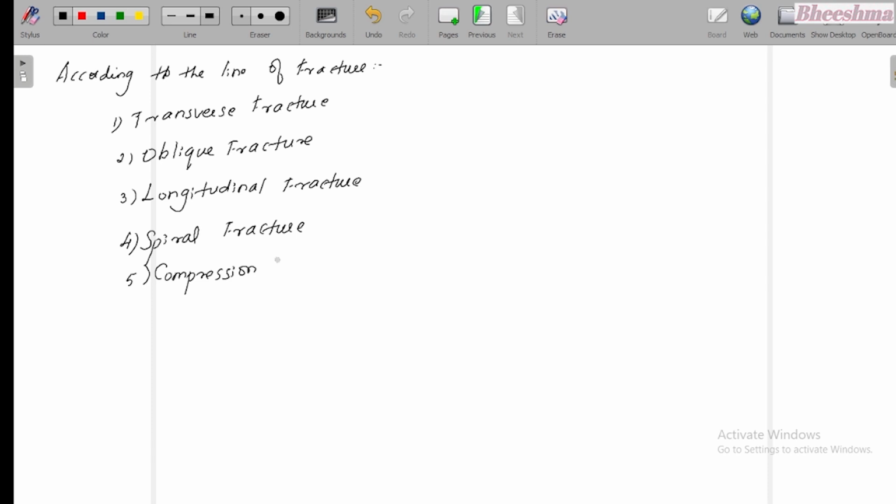And sixth one is comminuted fracture. And the seventh one is impacted fracture.